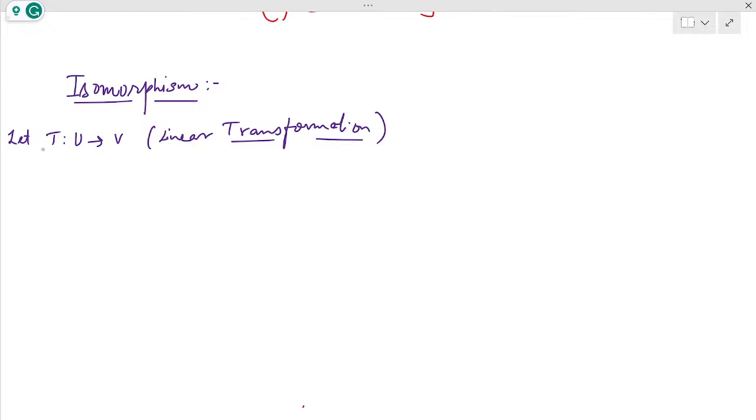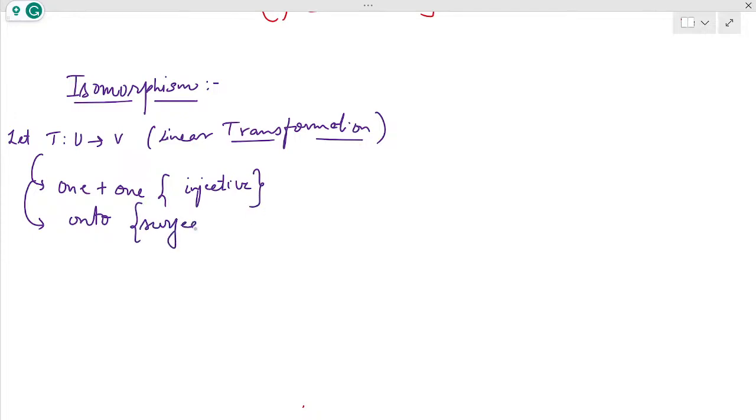If this linear transformation is 1-1 and if this linear transformation is onto, which in mathematics are known as injections and surjections, if the mapping is injective and surjective, then we say that this T is bijective.